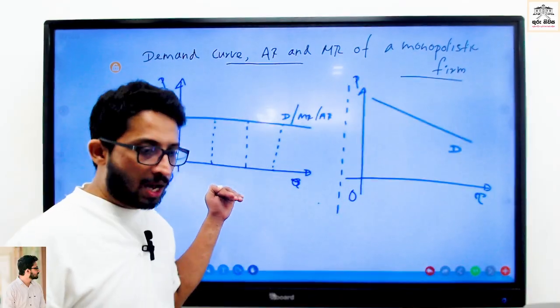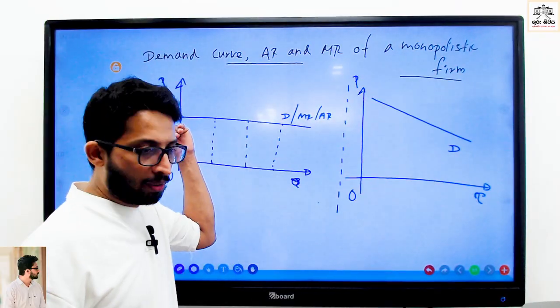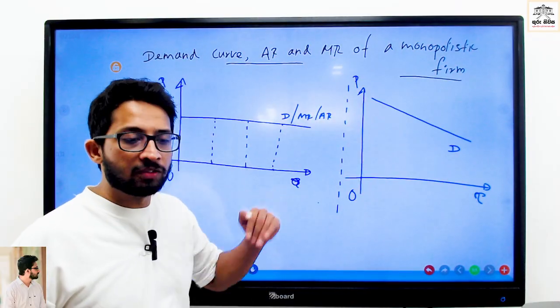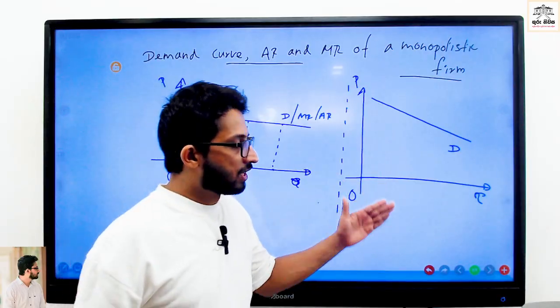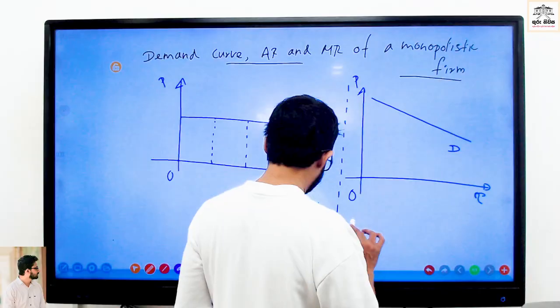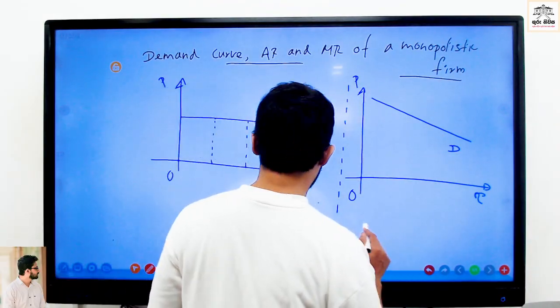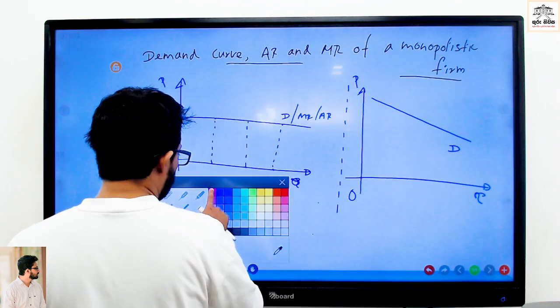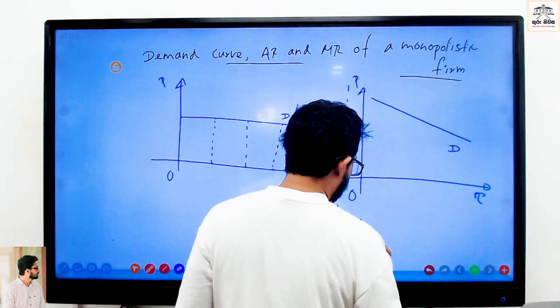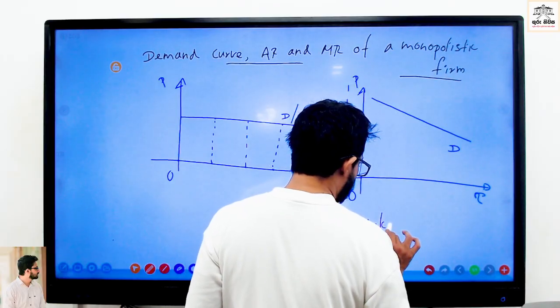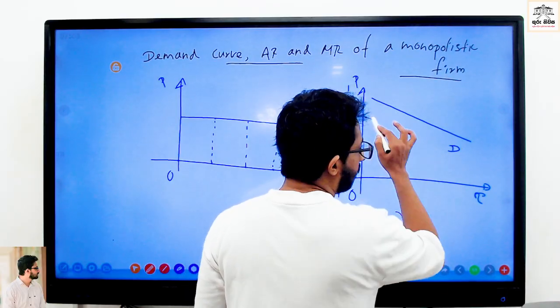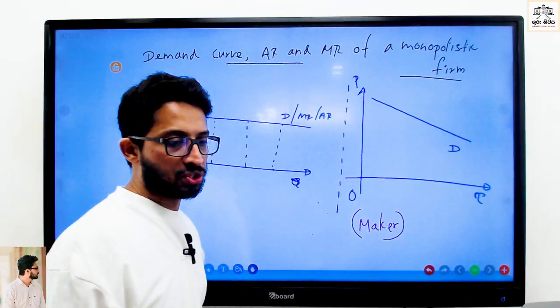So remember these two behaviors. If a firm is a price taker, the firm's demand curve is perfectly elastic. If a firm is a price maker, it has a normal downward sloping demand curve.